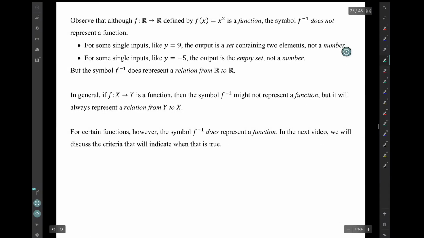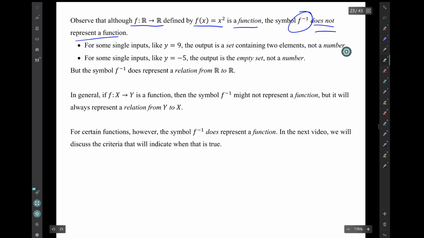Observe that although the function from R to R defined by that formula is a function, this symbol f superscript -1 does not represent a function. For some single inputs like y equals 9, the output is a set containing two elements, -3 and +3, not just a single number.